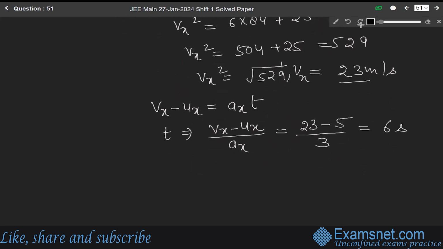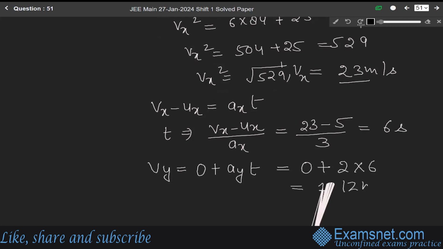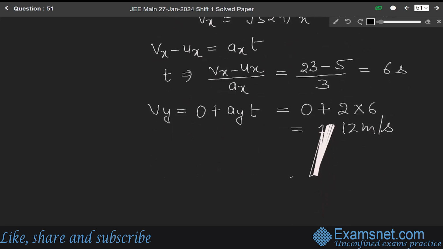So vy will be equal to 0 plus ayt. It will be equal to 0 plus 2 into 6. So it will be equal to 12 meter per second. Now for the final velocity, v square equals vx square plus vy square.